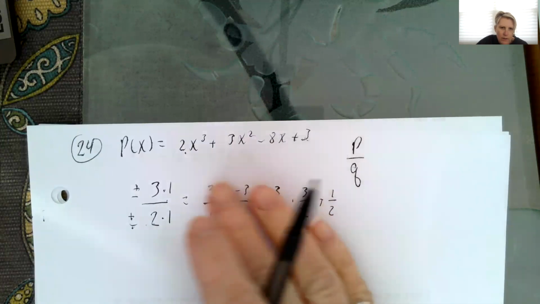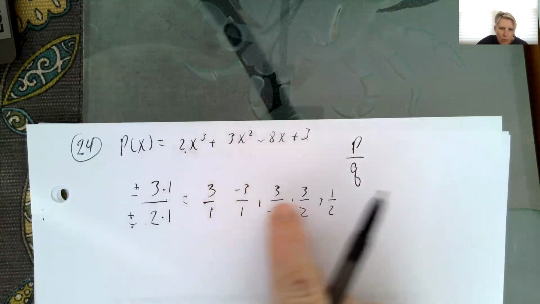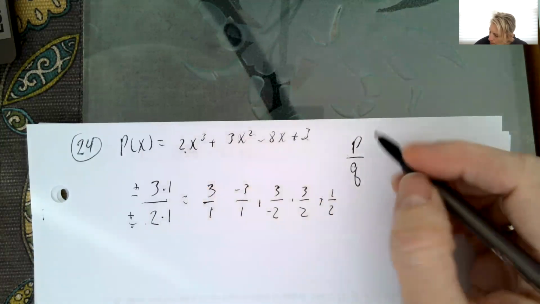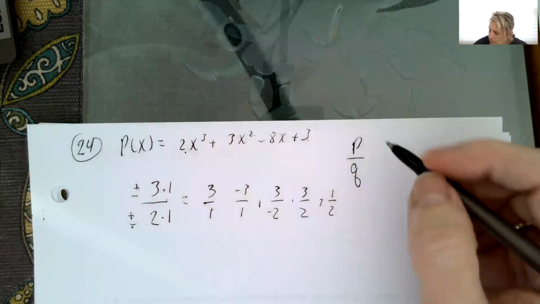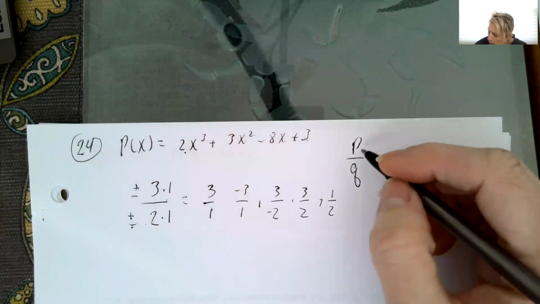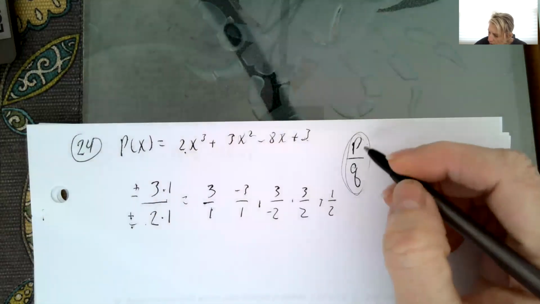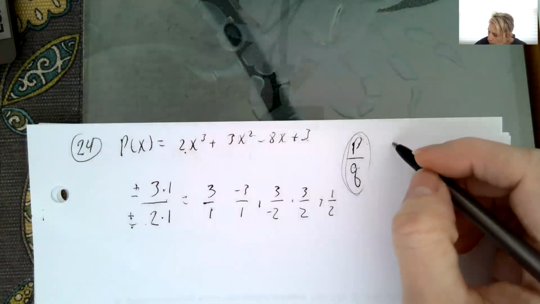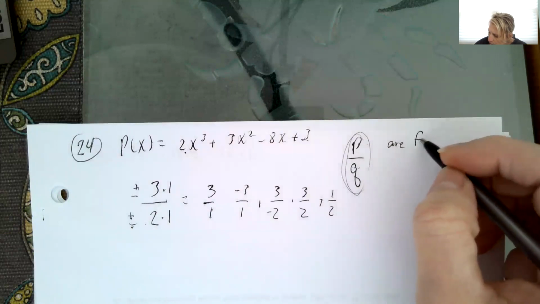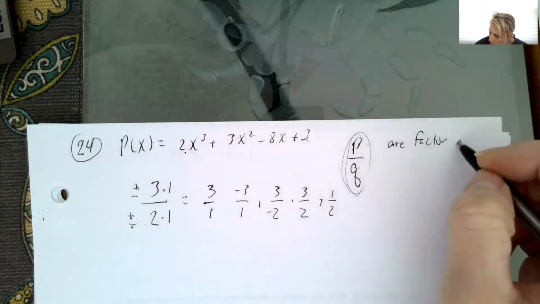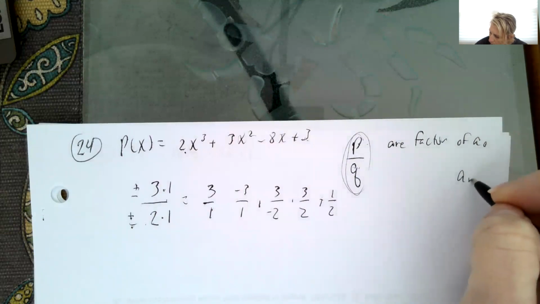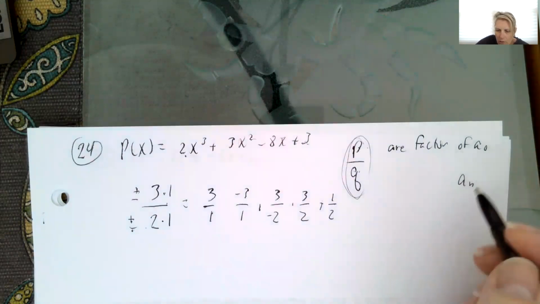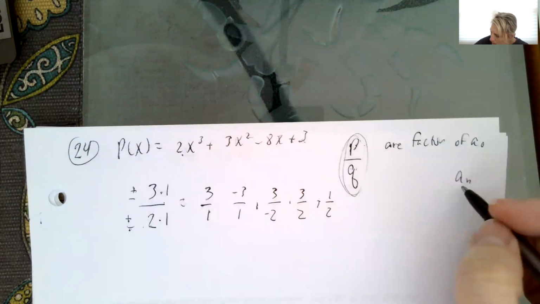If you can find just 1 of these that will work in Desmos, then you can get started on factoring the rest. So our rule is we're looking for factors of p over q, where p are factors of a sub 0 over a sub n, your constant over your leading coefficient.